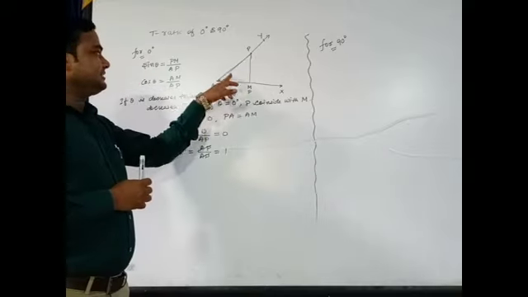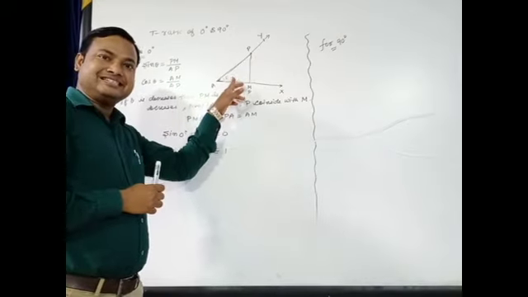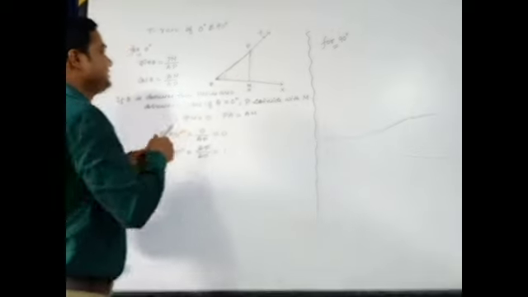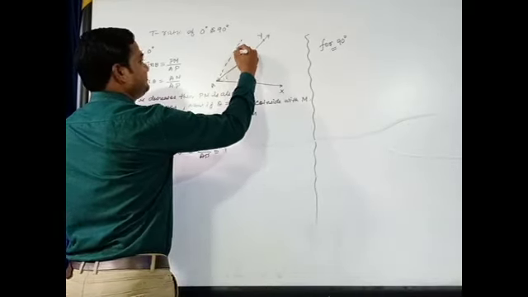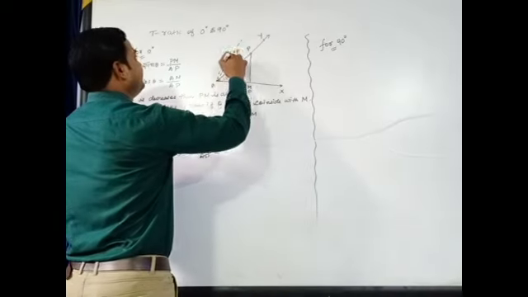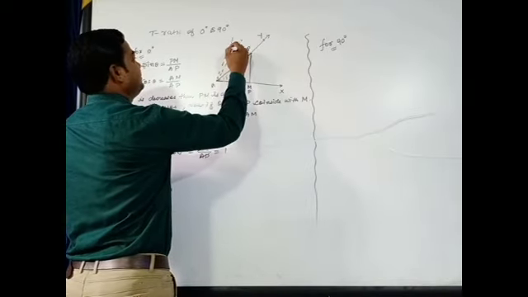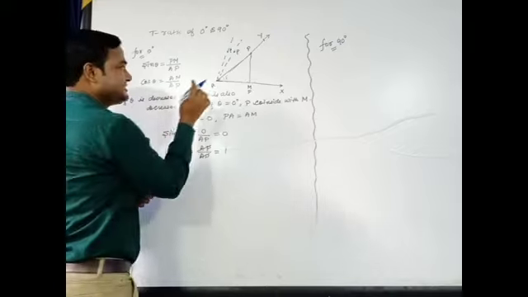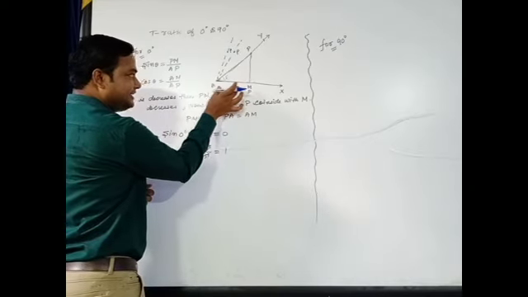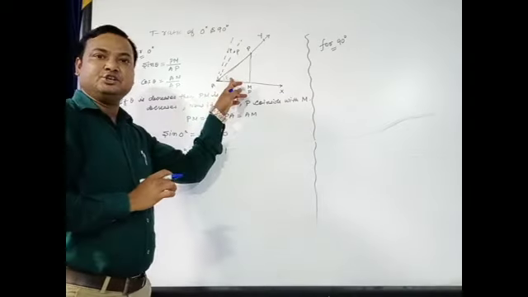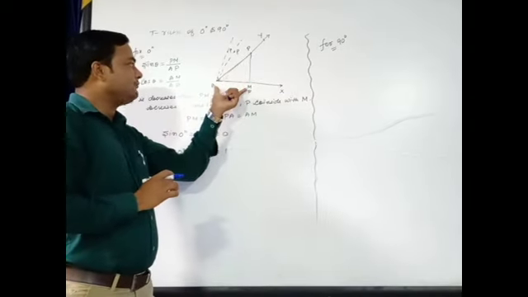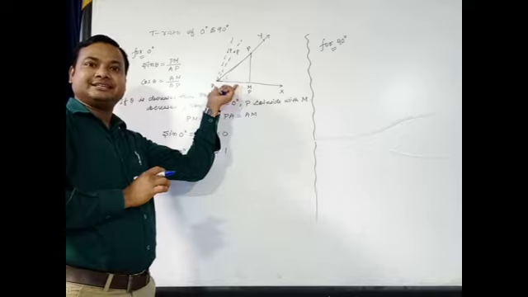Now in this figure, we just increase the value of theta. Look here, then this P shifts here. Then this P also shifts here. It means the value of AM now decreases. If we increase the value of theta, the value of AM decreases.